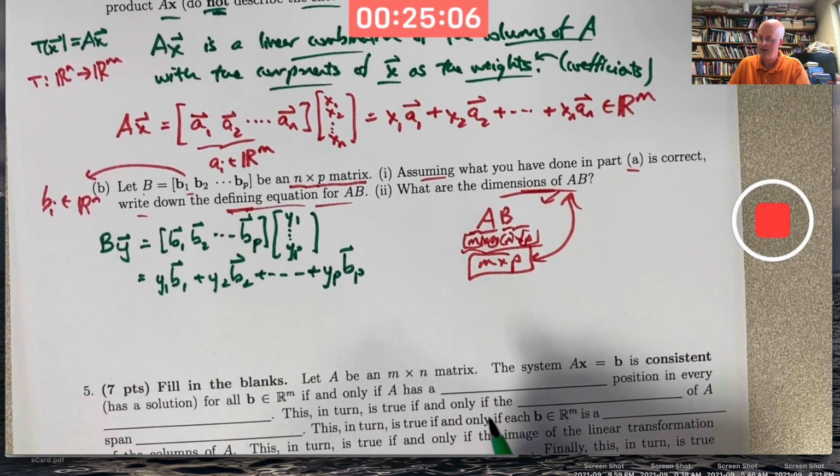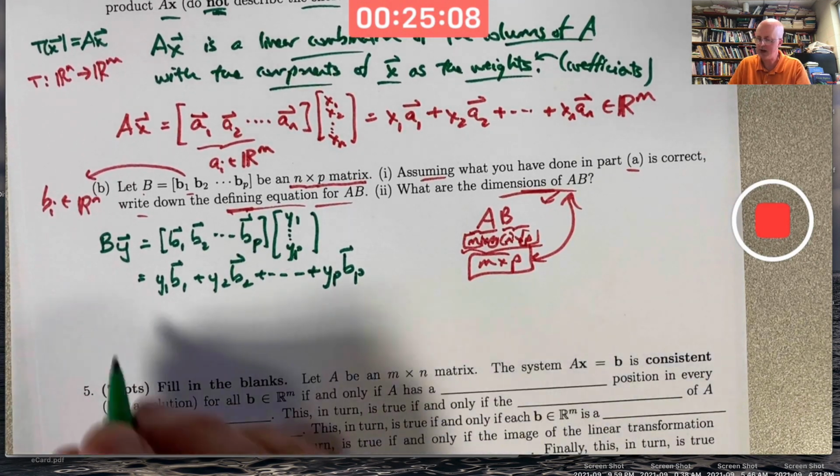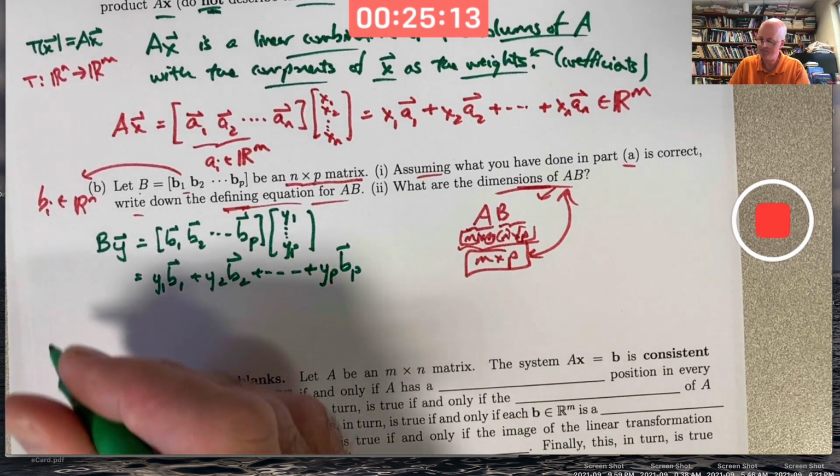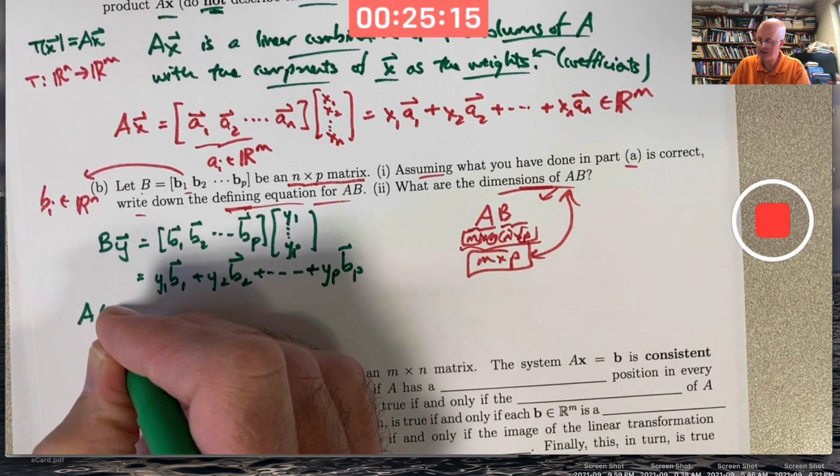What would happen if I multiplied both sides of this vector equation on the left by A?